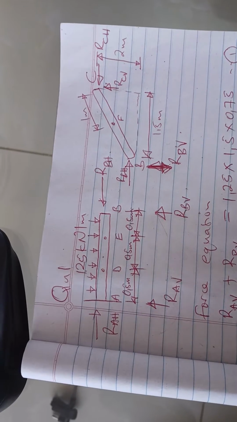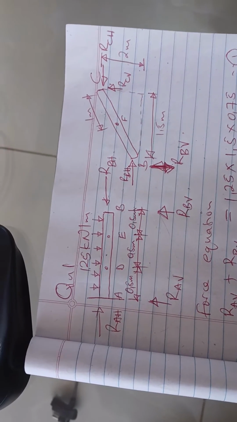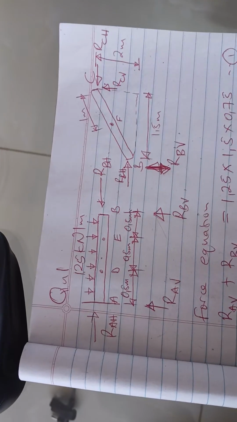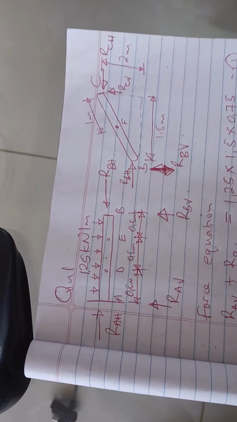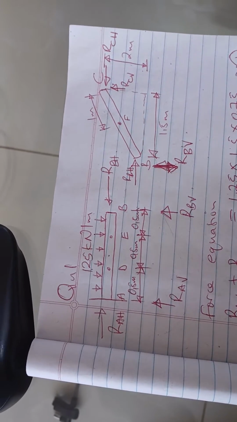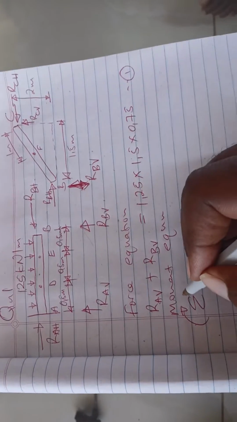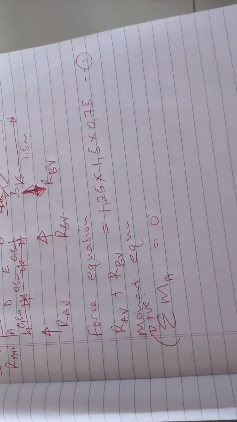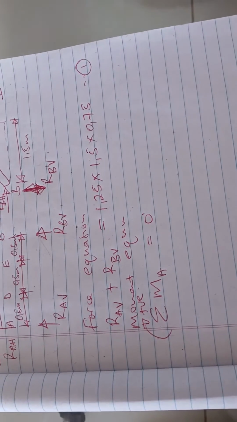Then we look at the moment equation. We can say the summation of moments about point A is equal to 0, taking all clockwise moments to be positive and anti-clockwise moments to be negative.